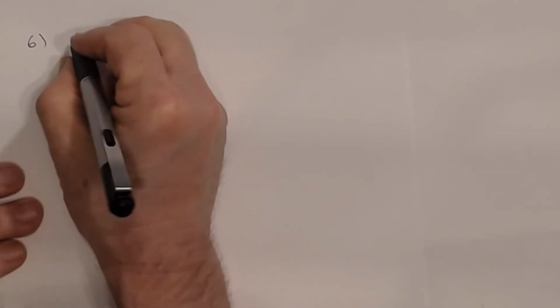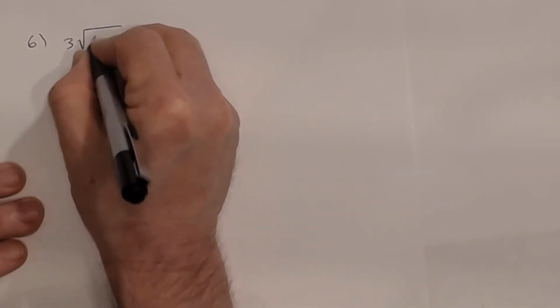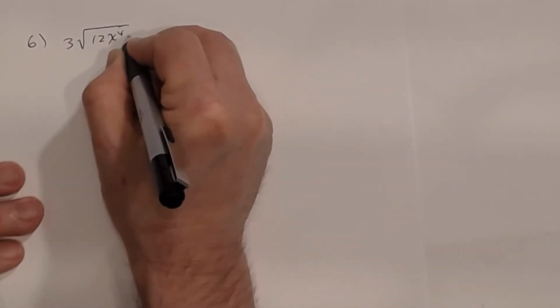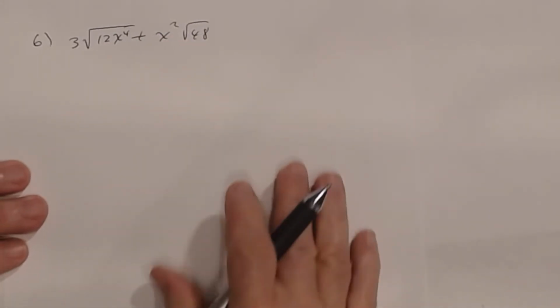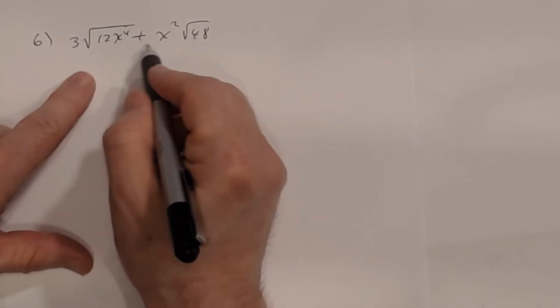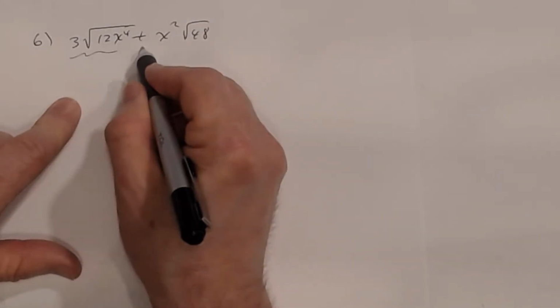For number 6, we have, let's see, we have 3 square root of 12 x to the 4th plus x squared square root of 48. Okay? So you see the two terms, right? You have this term plus this term.